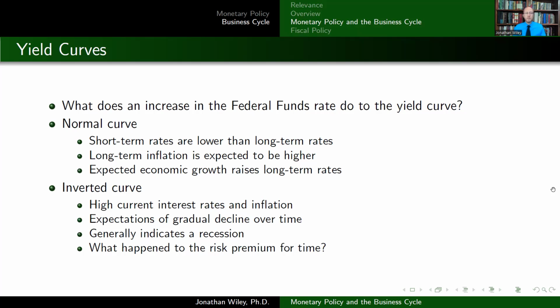But if I have short-term rates higher than long-term, then what's happening is that the risk premium for the longer time is still there, but it's being swamped out by these other factors: expectation of some economic decline, expectation of drops in inflation, things of that nature. So recession, what have you.